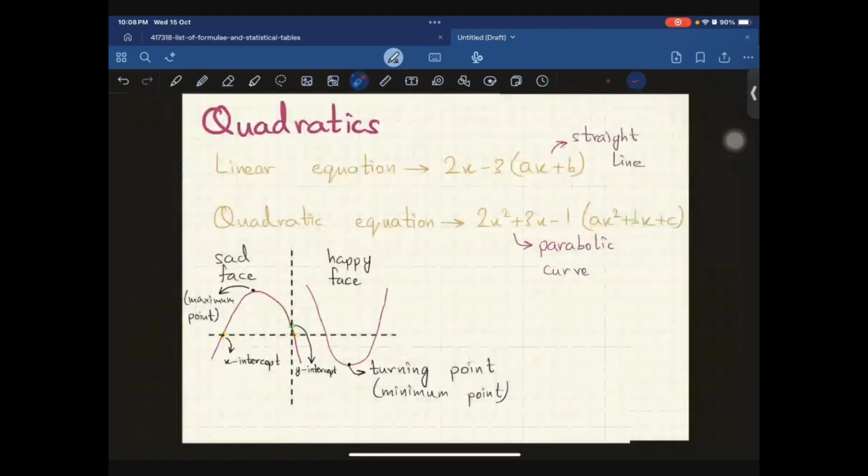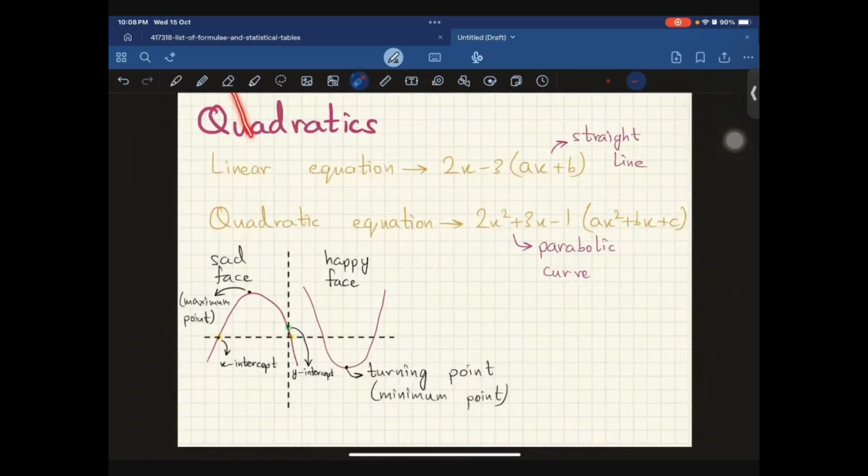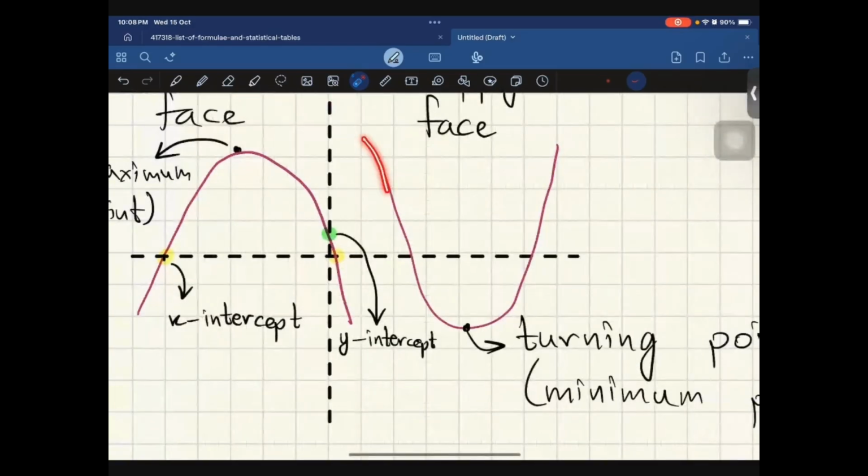Obviously, I cannot draw that on my page, and they'll never end. But when we're sketching in our exam, or on paper, we can't sketch till infinity, so we just sketch a part of it. But the most important parts of the quadratic curve are the turning point, the x-intercepts, and the y-intercept. All right.